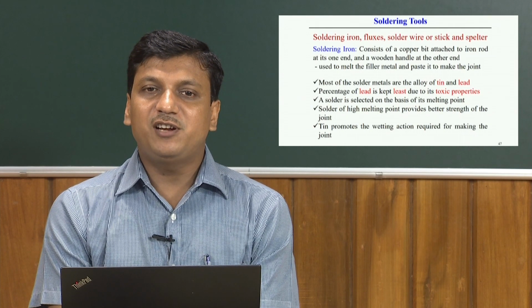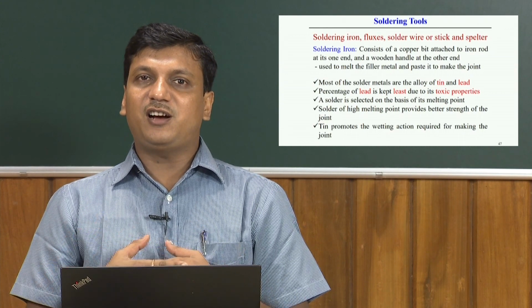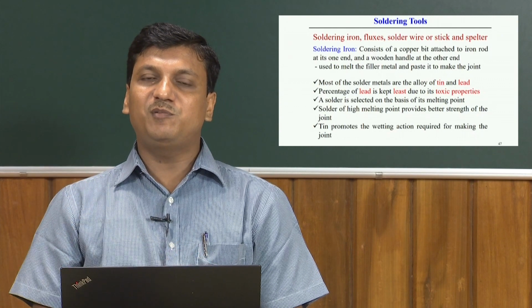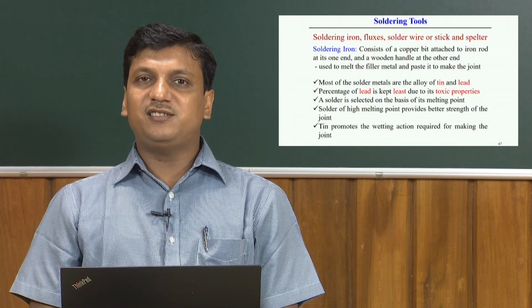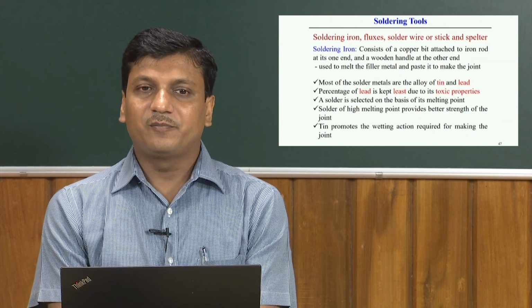A solder of higher melting point can provide better strength of the joint, but the limitation is up to 450 degree centigrade.